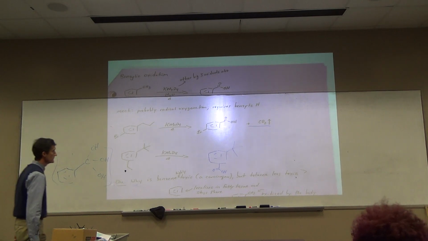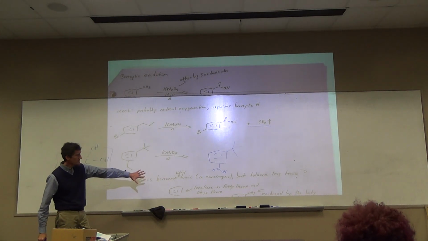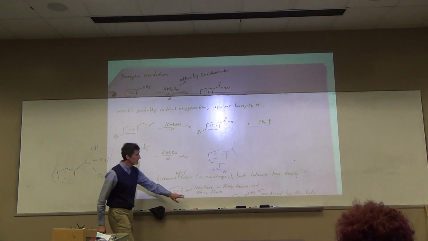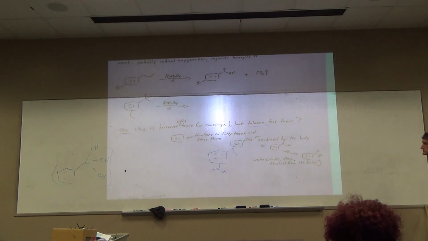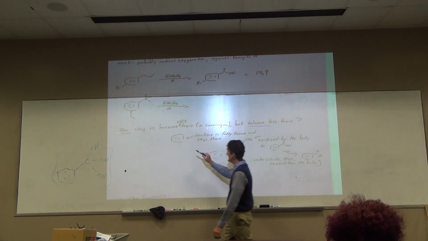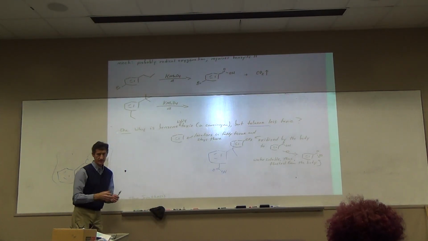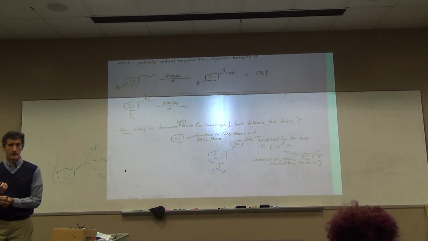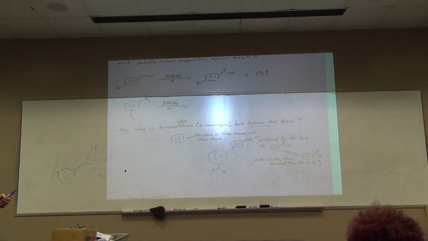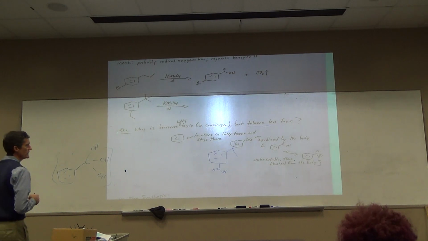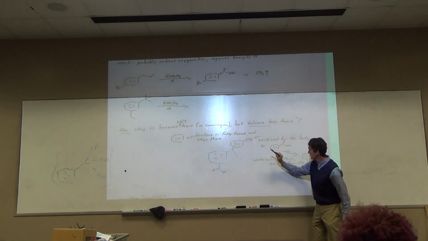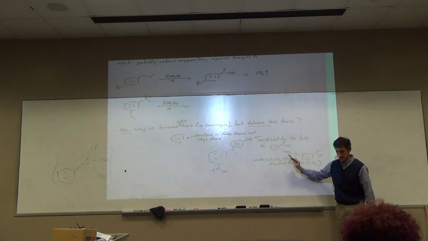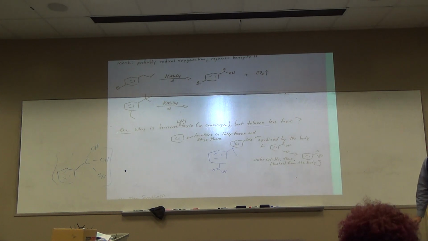All right? Why is benzene so toxic? It's a carcinogen, but toluene is much less toxic and not a carcinogen. Because benzene, if it gets in the body, will localize in fatty tissue. And it'll stay there. And it can do reactions that we will never talk about. Oxidation reactions. Toluene, though, if it gets in the body, the methyl will be oxidized because the body is a lean, mean oxidizing machine.